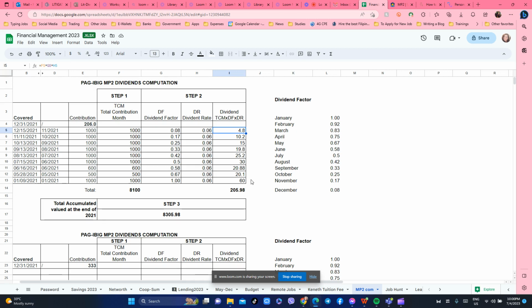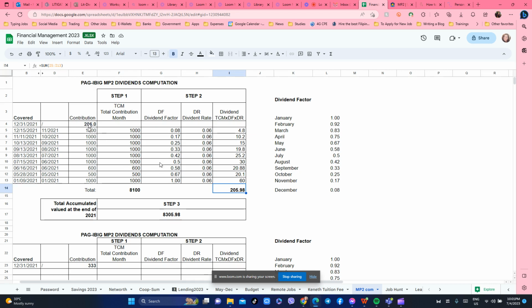For this one, it's formulated. 1,000 multiplied by the dividend factor and then multiplied by the dividend rate, you're gonna get these results. If you add these, you're gonna get 205.98, and rounding it off, you're gonna get 206 pesos for 1 year.